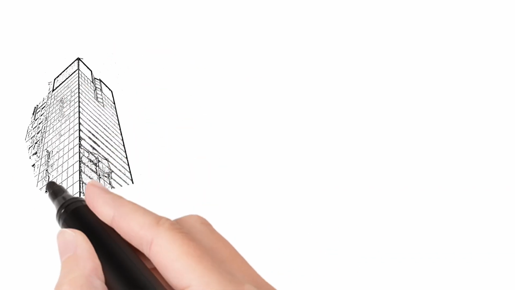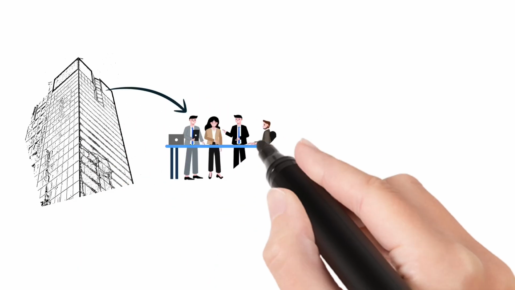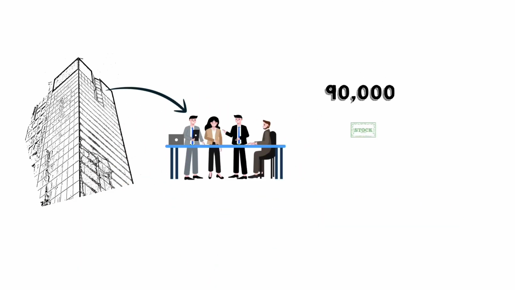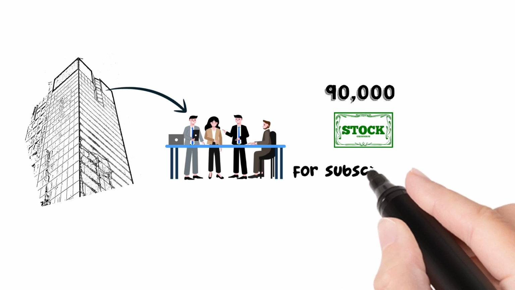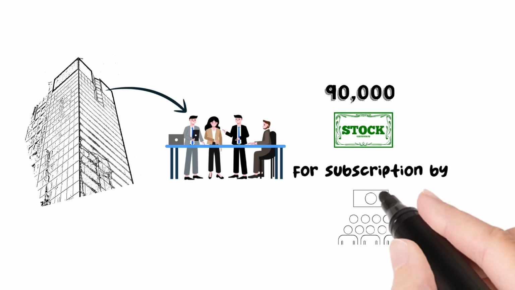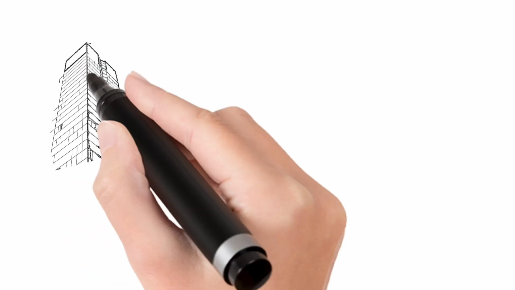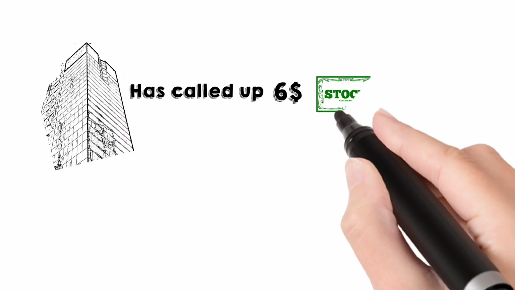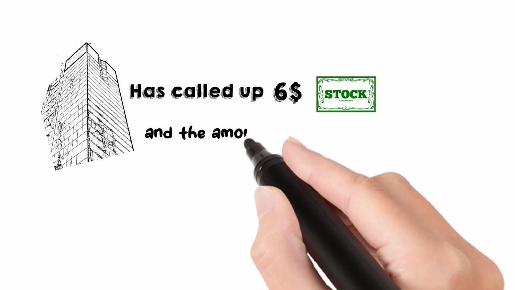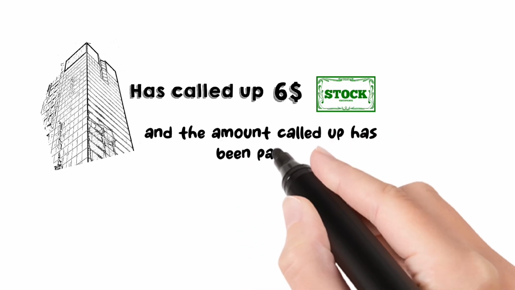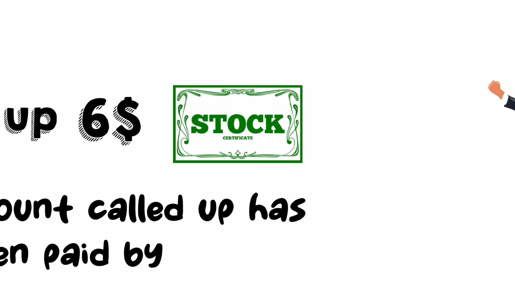Further, a company's promoter offered 90,000 shares for subscription by the public, and out of these 90,000 shares, 85,000 shares were subscribed. A company has called up $6 per share, and the amount called up has been paid by shareholders immediately.